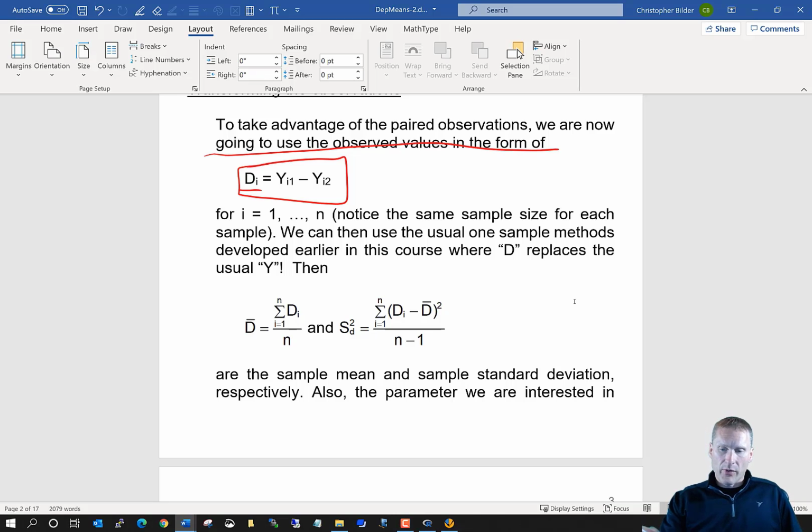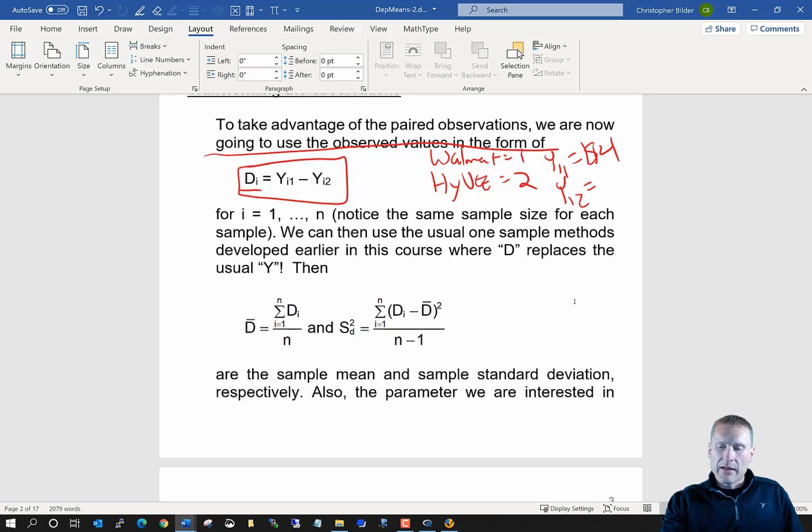So for example, with respect to the Walmart and Hy-Vee example, let's say that Walmart is population 1, Hy-Vee is population 2, and let's say Y11 would be the Wheaties price, $4.